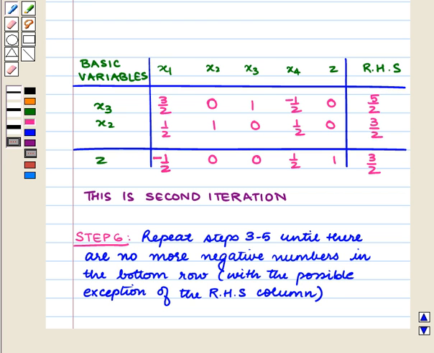That is, we take the most negative number in the bottom row of the current table, excluding the rightmost entry, and repeat step 4 and step 5 to obtain the next iteration, and so on, until there are no more negative numbers in the bottom row, excluding the rightmost entry.